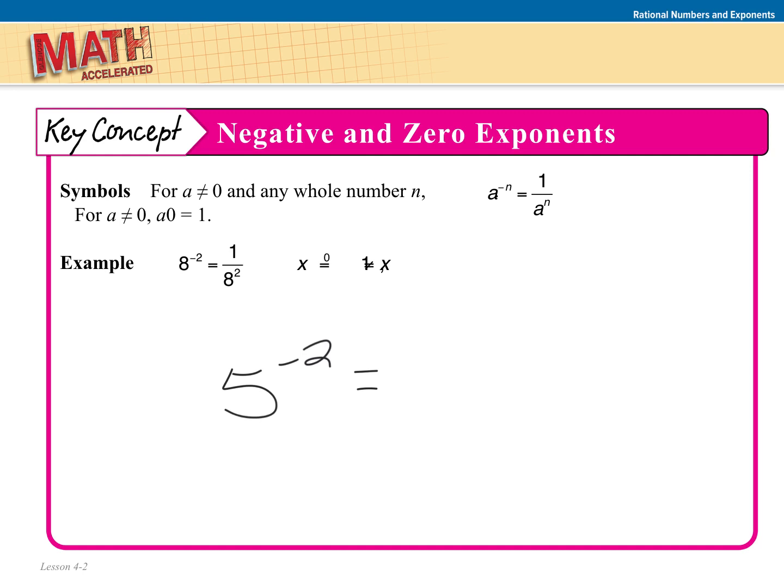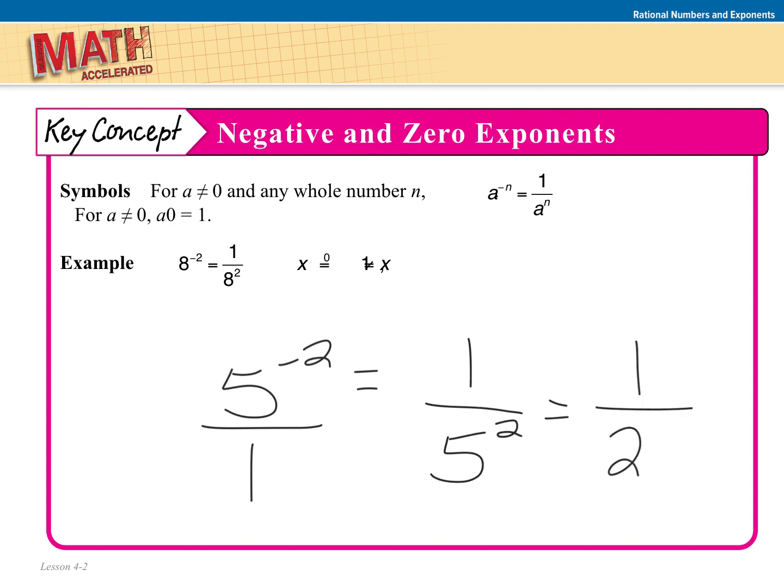This is 5 to the negative second power over 1. So now we need to flip it, and when we flip it, that exponent becomes positive. The only thing that changes is the sign of the exponent. Now we can solve that, because the 1 stays, and what's 5 squared? 25. So the answer is 1 over 25, not negative 25.